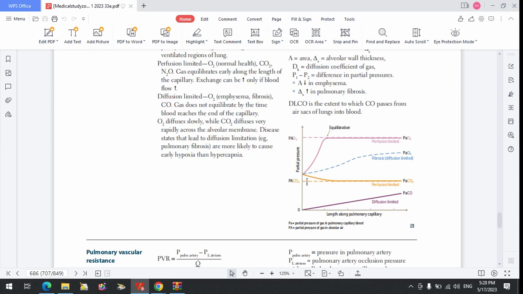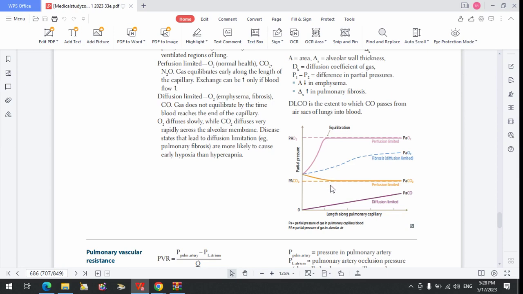It comes down, because what you have there is 46, so it has to equilibrate with the 40 at the alveoli, because it has to get exchanged into the alveoli. So as it moves along the pulmonary capillary length, the level of PCO2 will come down, from 46 to around 40, and it equilibrates with the alveoli very early. Just like oxygen, you can see the way it's coming down.